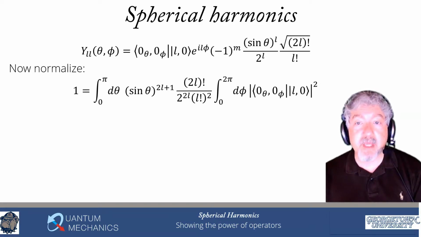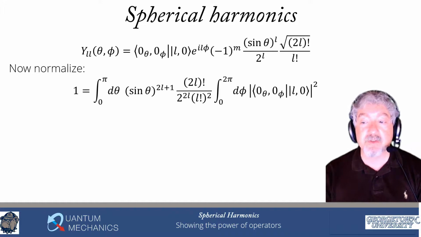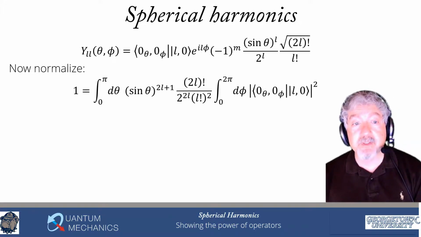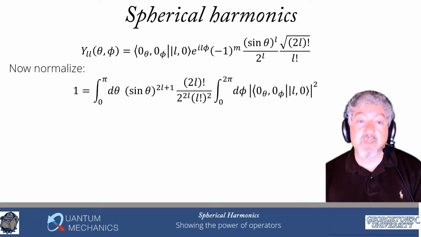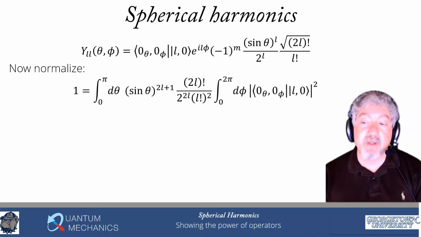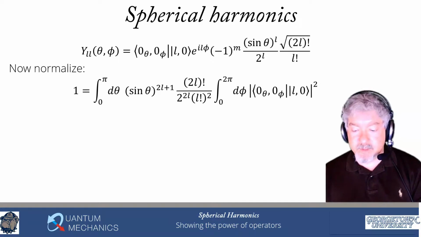I'm looking at the modulus squared, so I get a sine theta to the 2L power, but the integration measure has a sine theta in it. So it becomes sine theta to the 2L plus 1, integrating from 0 to pi d theta. I'm going to have (2L)!, 2 to the 2L divided by (L!) squared, an integral from 0 to 2 pi, and then the modulus squared of the normalization constant.